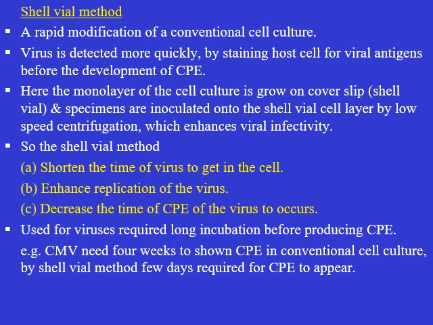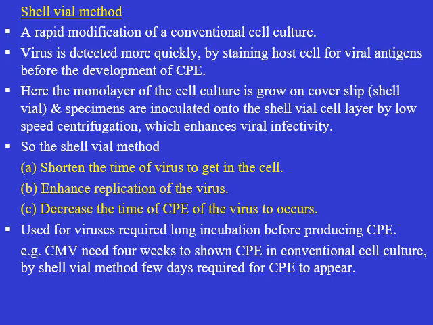In the shell vial method, the monolayer of the cell culture is grown on a cover slip. This is the shell vial, and the specimens are inoculated onto the shell vial cell layer by low speed centrifugation. This low speed centrifugation during inoculation enhances the viral infectivity.